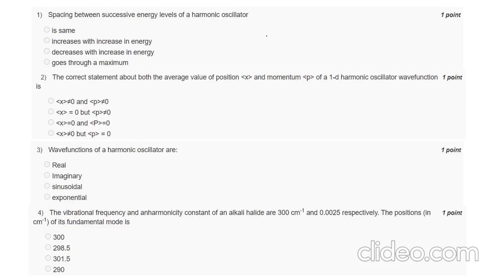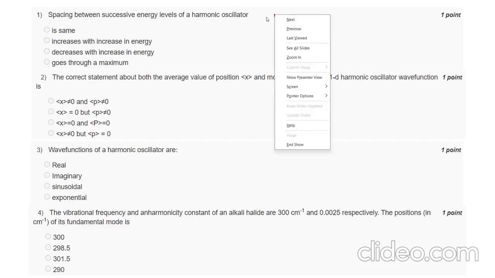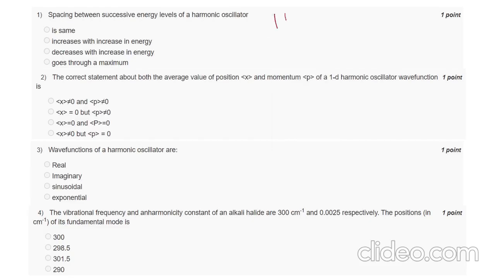We remember that if it is a harmonic oscillator, then the potential energy curve looks something like this, right? A parabola, where this is your x, which is the coordinate of vibration, and this was your energy. So V is equal to half kx squared.